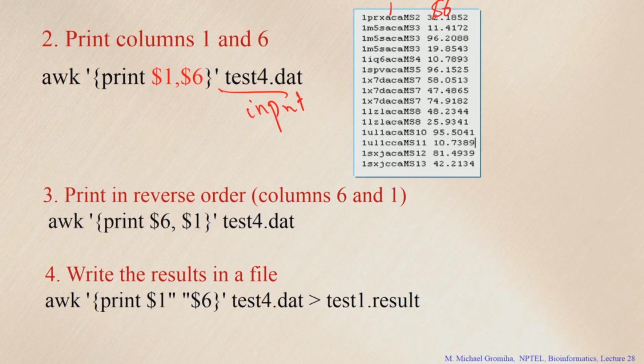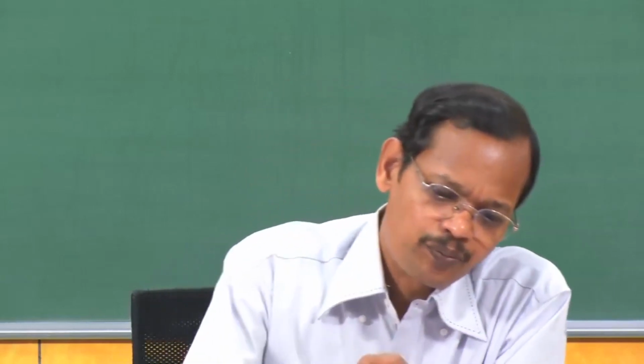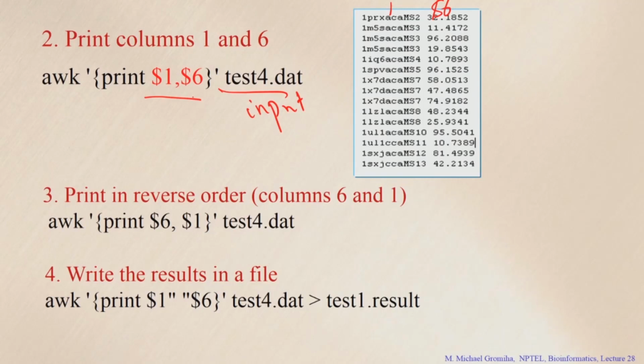Now, the question is whether it is possible to write in reverse order. I do not want to get 1 and 6, I want to write the results as 6 and 1, because I want to deal with the 6th column first. Is it possible to write the data in reverse order? It is possible. You can see the order follows what you give in the action.